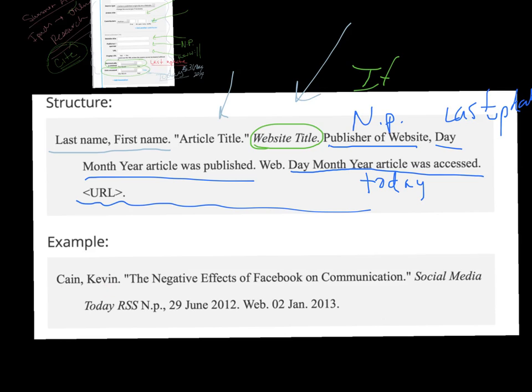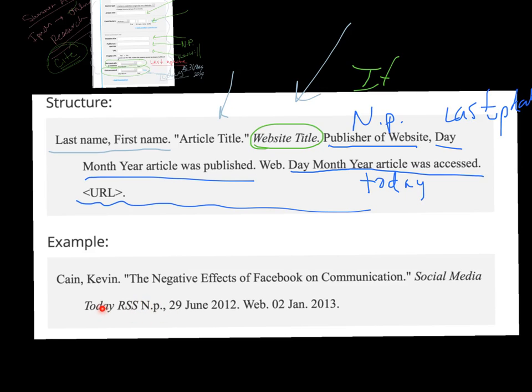We have the author, Kevin, right? Last name was Kane, first name is Kevin. We have the title of the article that Kane wrote. He wrote about the negative effects of Facebook on communication. It was published in Social Media Today, which is the website's name. Now, it's today RSS. Notice down here, do we know if there was an actual publisher?